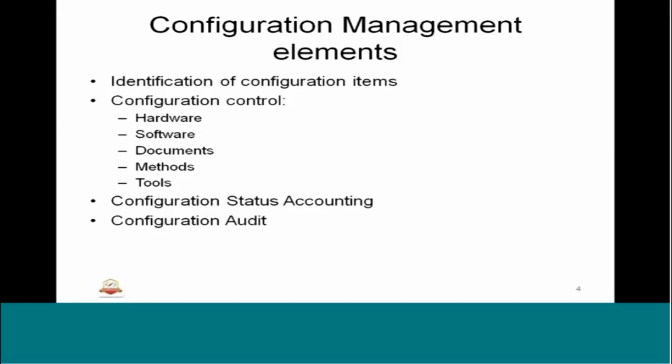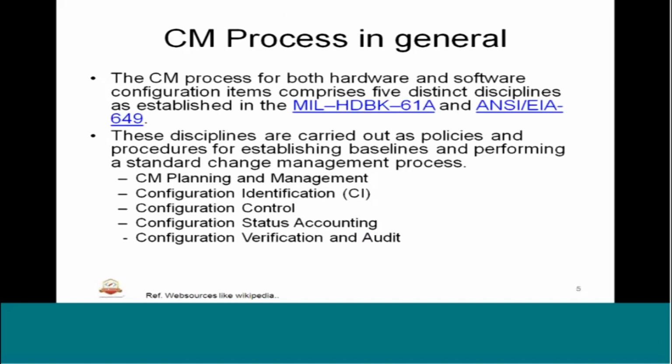The configuration control can have hardware, software, documents, methods, tools, whatever it could be, and we do status accounting in terms of accounting all the configuration items, and audit will ensure that it is in compliance with what has been planned. In general we had seen the definition of the CM process as per the military standard MIL-HDBK-61A or ANSI standard.